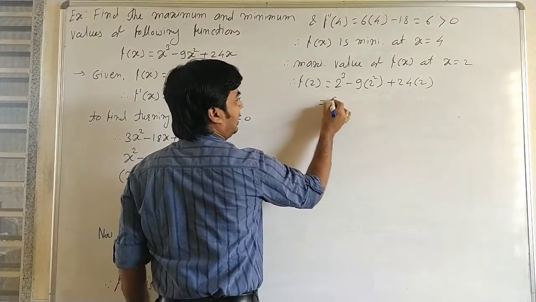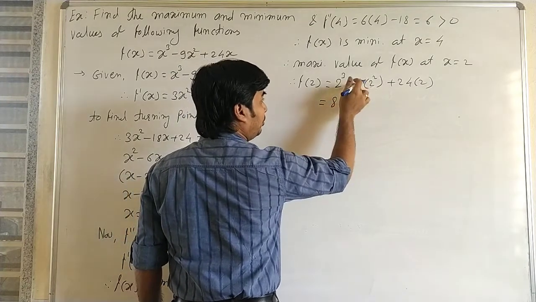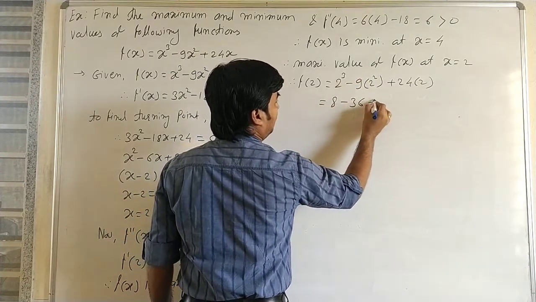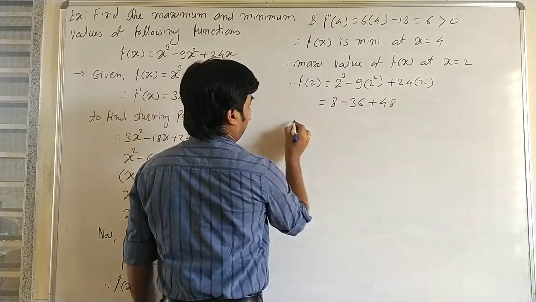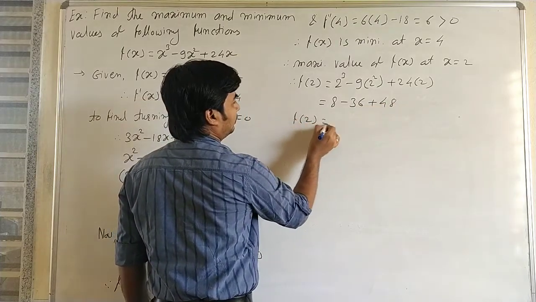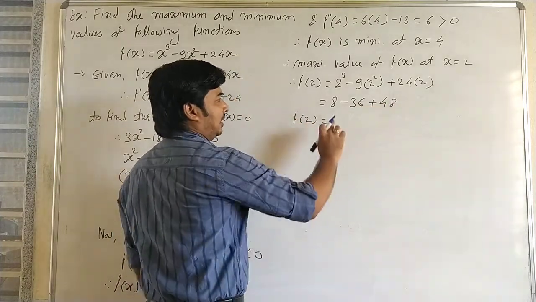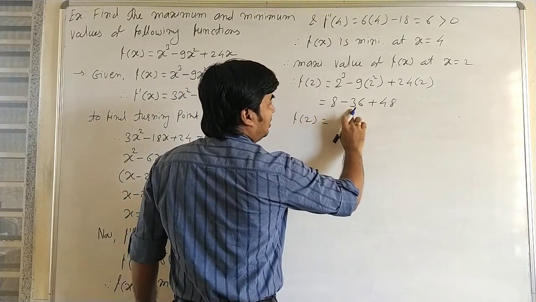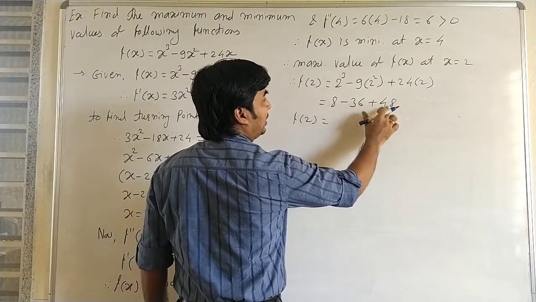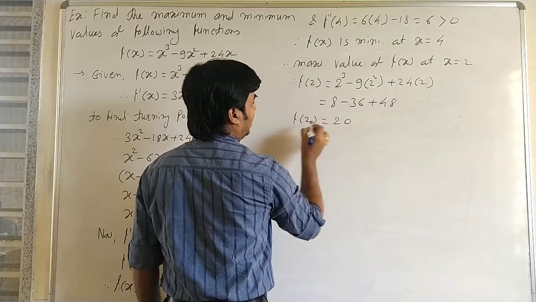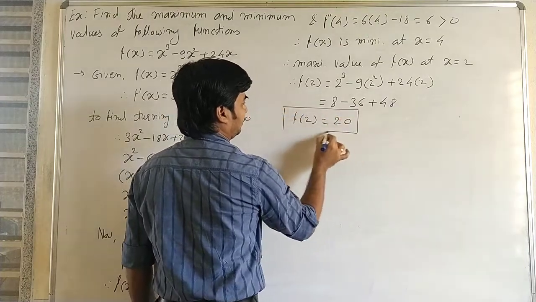Now calculate. It is 8 minus 36 plus 48, so minus 36 plus 48 is 12, which means it is 20. It is the maximum value. Okay.